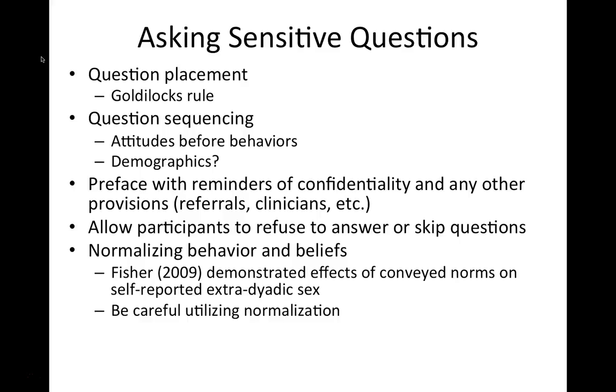So we know that those norms do affect the behavior that people report, but we also have to be careful about going too far in normalizing behavior and encouraging people to report more behavior than perhaps they've actually engaged in. We have to think about literacy and language considerations, what kinds of language people might use.